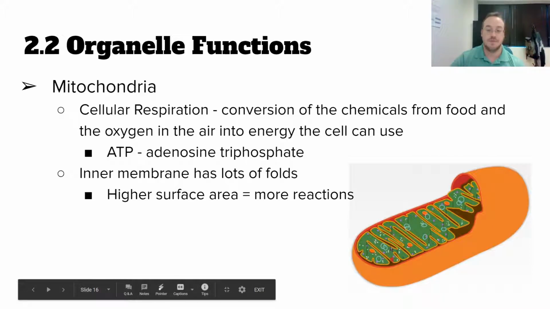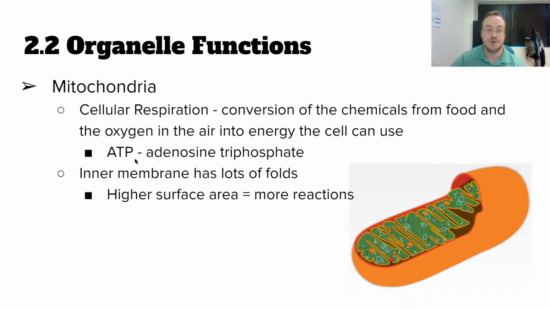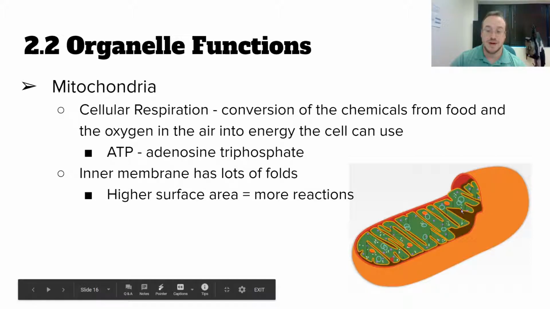But it's on the inside. This large surface area allows it to have more chemical reactions. More chemical reactions means more ATP. Okay? So higher surface area, more reactions. More reactions, more ATP. More ATP, more energy, and more stuff that the cell can do. That interior membrane is covered by another exterior membrane.